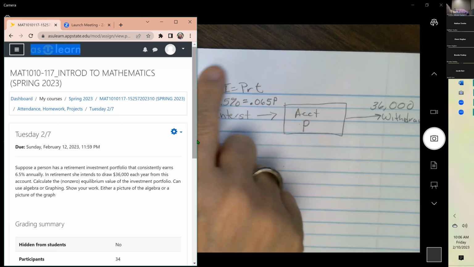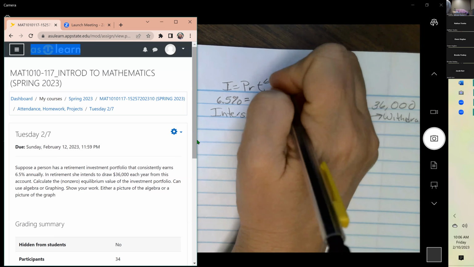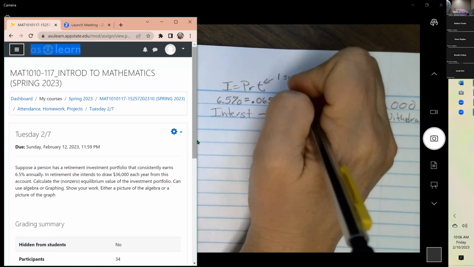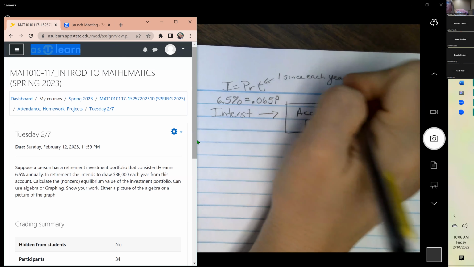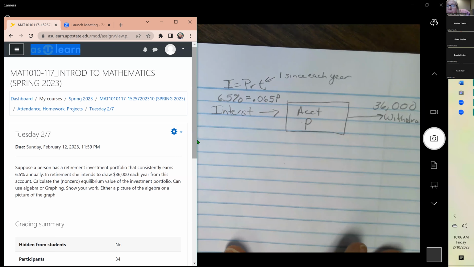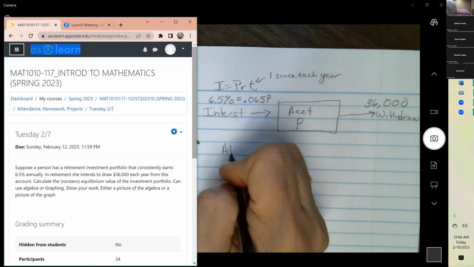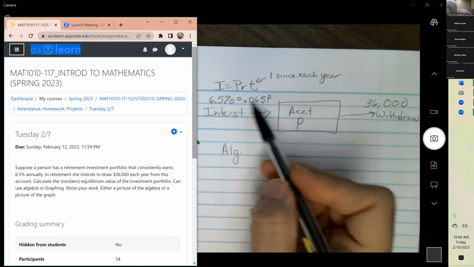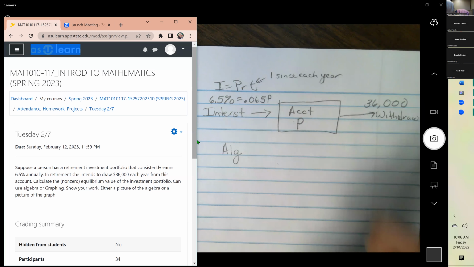In this formula, T is just 1 because we're talking about each year. Now, to do it using algebra, we want this to equal this. You could just set them equal.